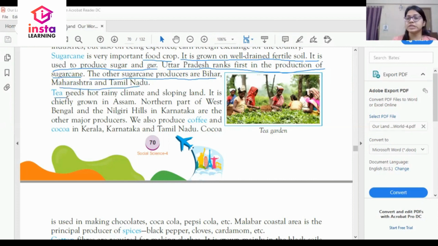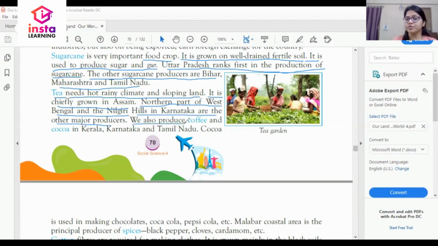The next one is tea. Tea needs a hot rainy climate and sloping land. It is chiefly grown in Assam, the northern part of West Bengal and the hills in Karnataka, which are the major producers.